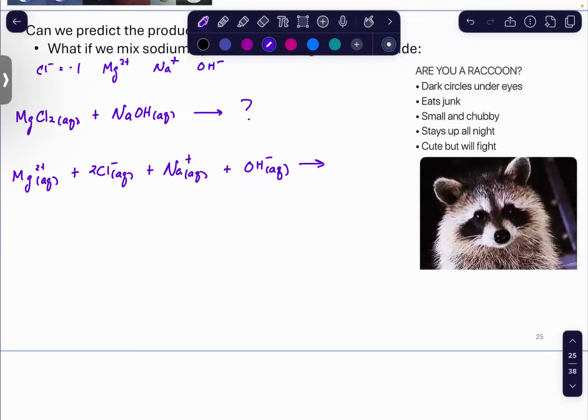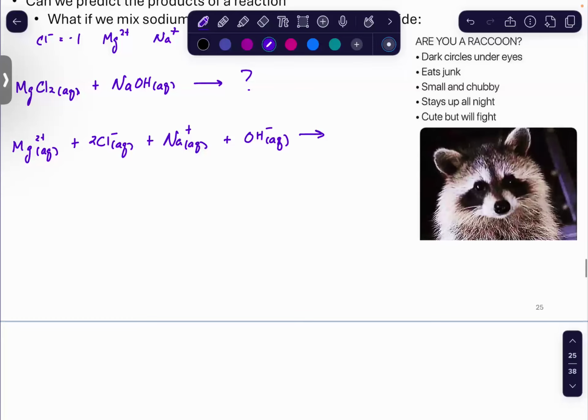So what's going to happen is your cations and anions are going to swap. So what you're going to get then is your magnesium is going to take the hydroxide and your sodium is going to take the chloride.